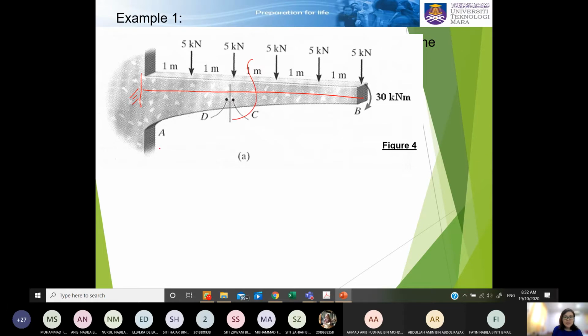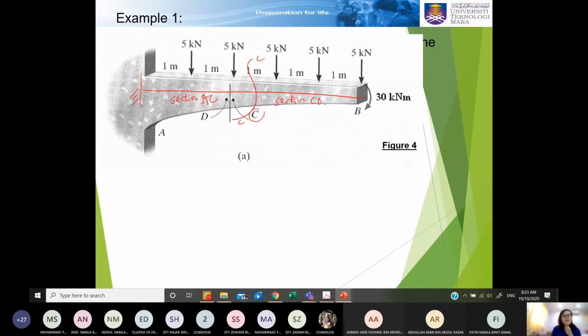Meaning that if this is CC, once you have decided, you need to check whether you want to analyze section AC or section CB. C is here.